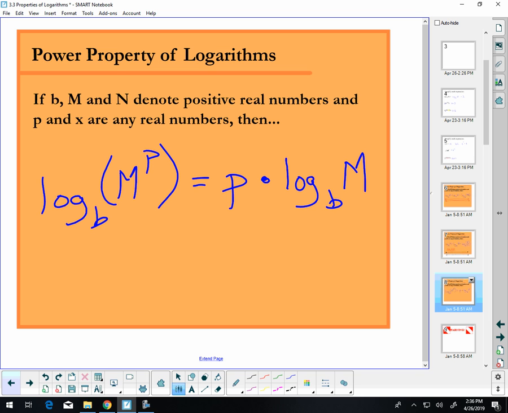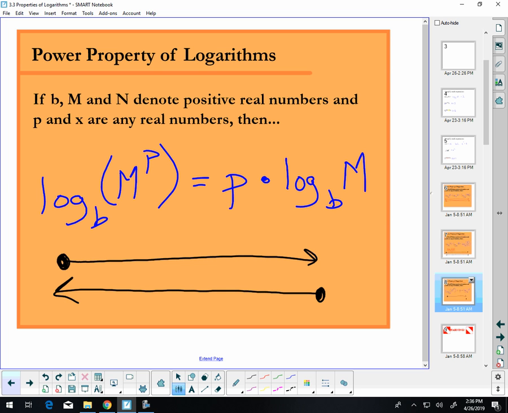But it allows us a way to move that exponent from being an exponent on the input m to being a multiplication by the entire value of the logarithm. As usual, I can use this left to right or from right to left.